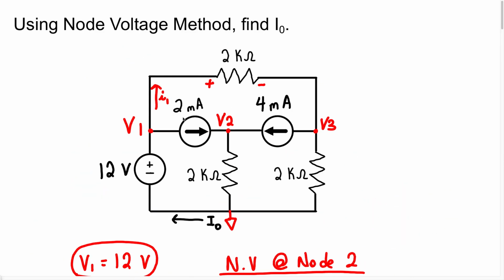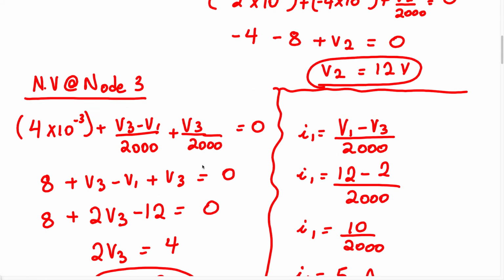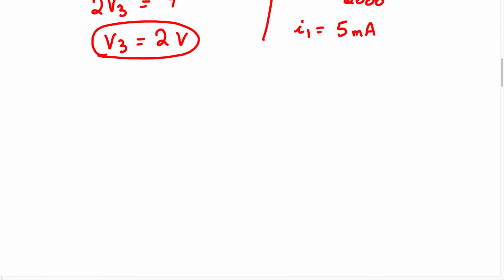So we know the value of the current I1, which is the current flowing through this resistor here. So we're just going to take KCL at node 1, which is going to be right here, right? When we perform KCL at node 1, we know the current that's going to be entering this node is just going to be the current I0.